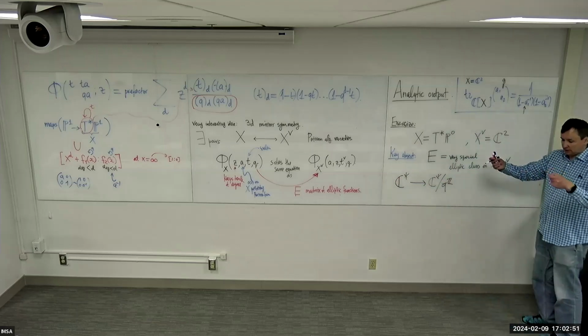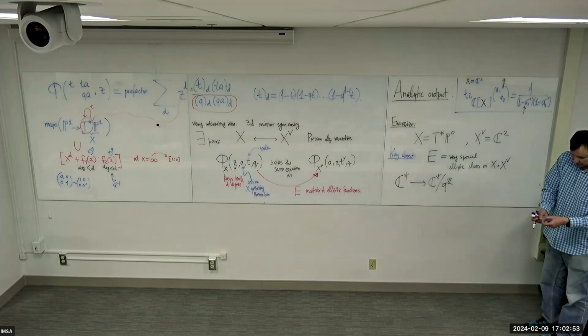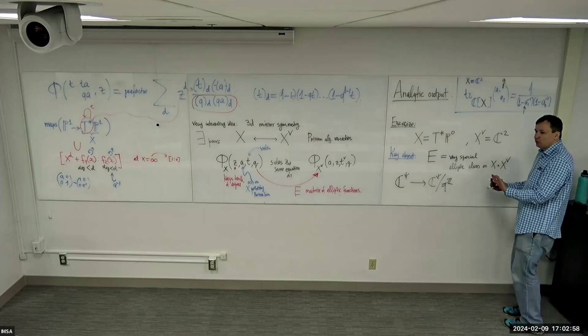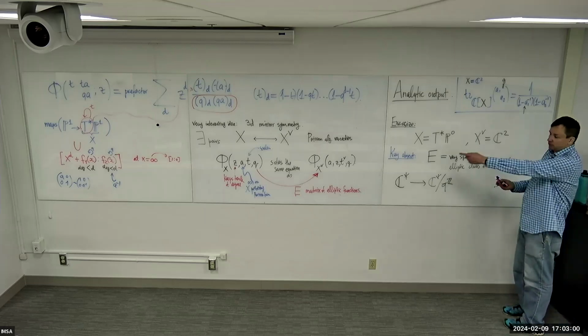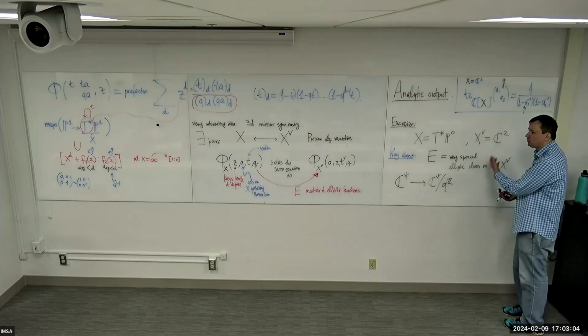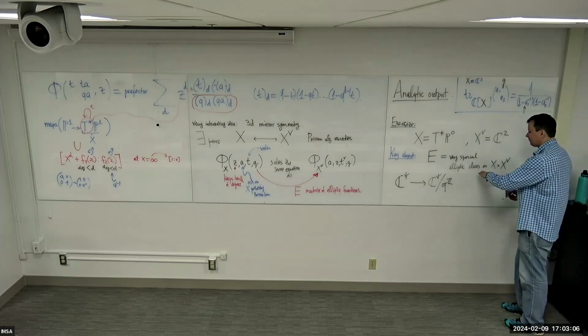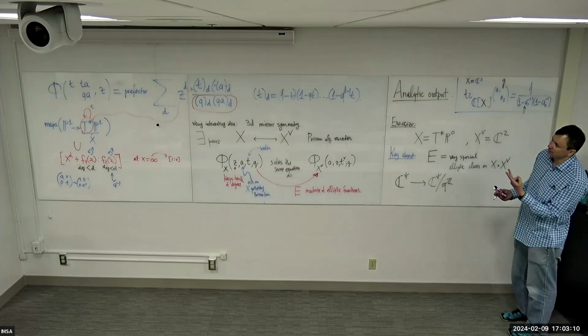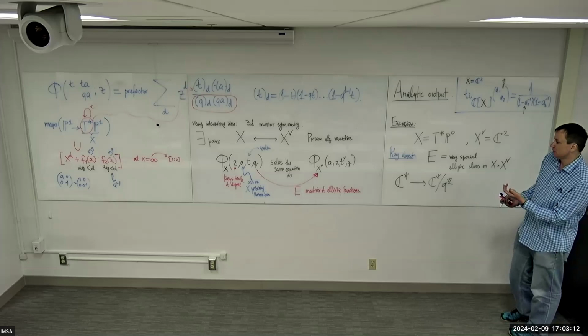And in particular, the objects of elliptic homology naturally produce elliptic things. The beauty of what we have now, maybe I'll say two things about this.